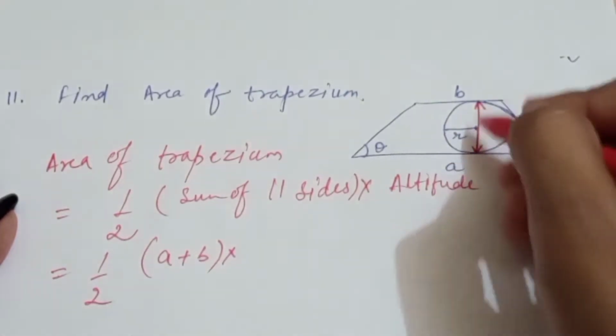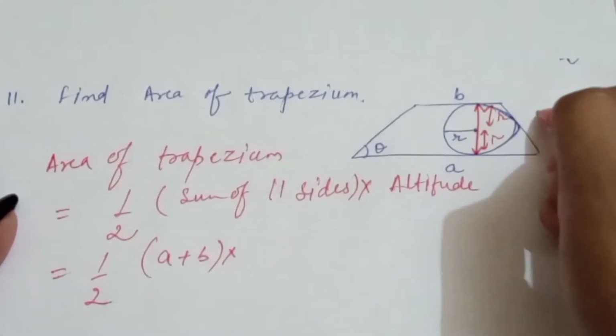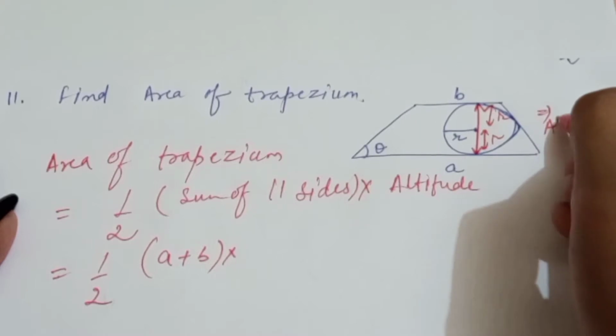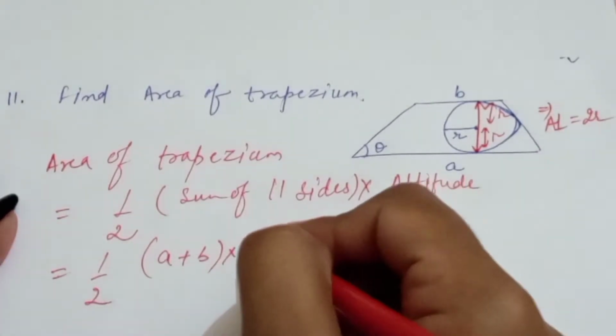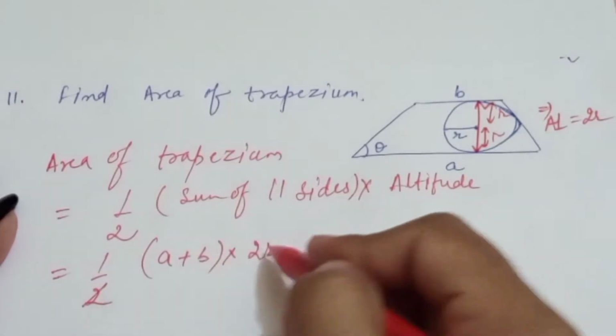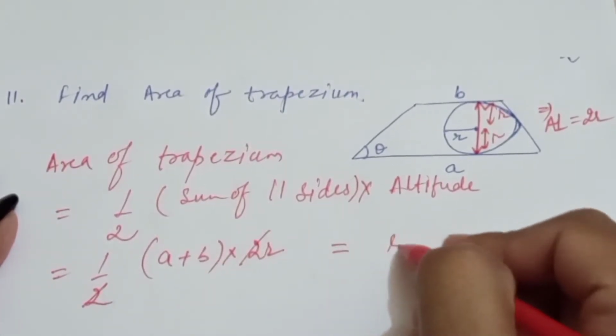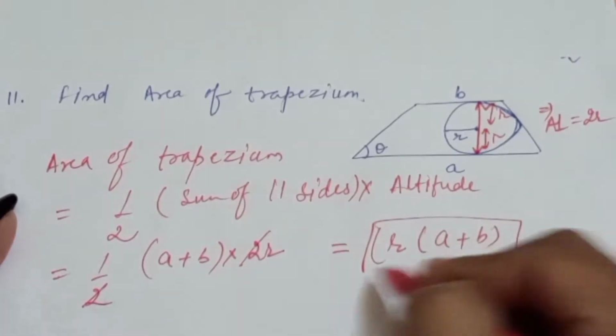As we know, this is a circle, this half is radius and this another half is also radius. It means altitude is equal to 2r. So we will substitute this value here, 2r. 2 will be cancelled out and we will get r into A plus B. This is our answer.